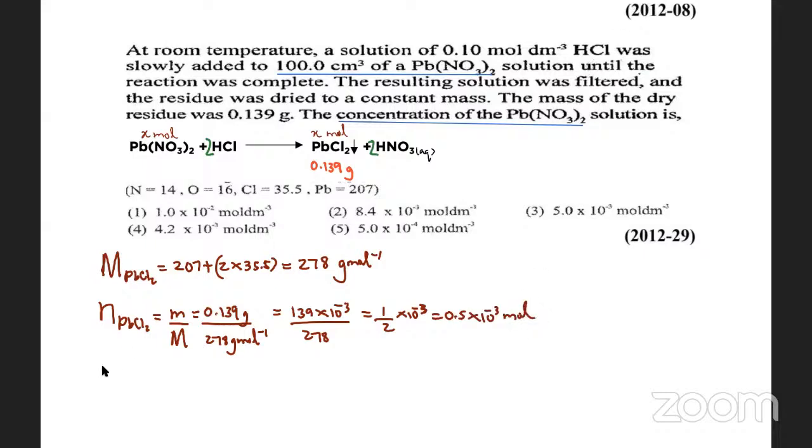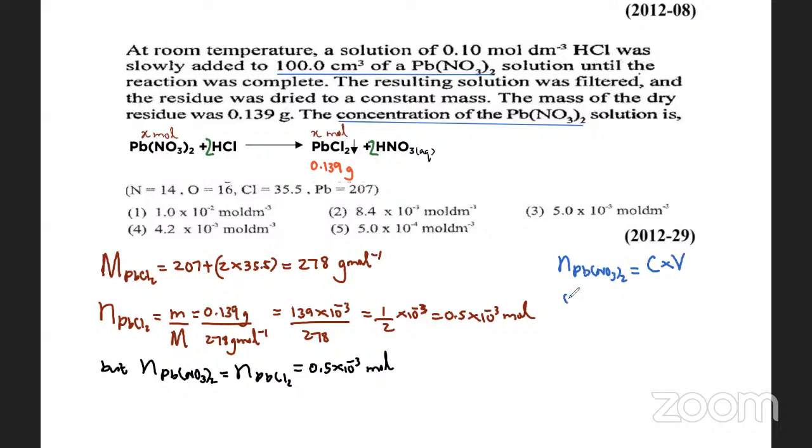But we know the number of moles of lead nitrate should be equal to the number of moles of lead chloride, because the stoichiometric ratio is 1:1, so that is 0.5 into 10 to the power minus 3 moles. Let's finish this off. Number of moles of lead nitrate is equal to concentration into volume.